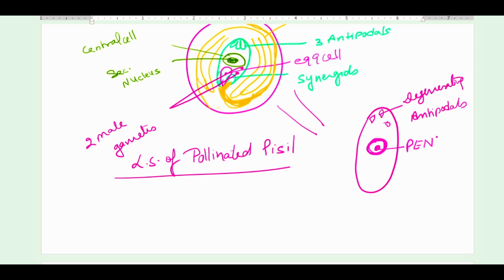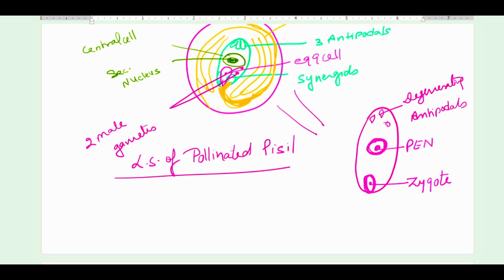In the same way, at the base, the two synergids are degenerating, and this cell which is prominent, you have to label as zygote. So these three labelings are very important whenever you are drawing a fertilized embryo sac.